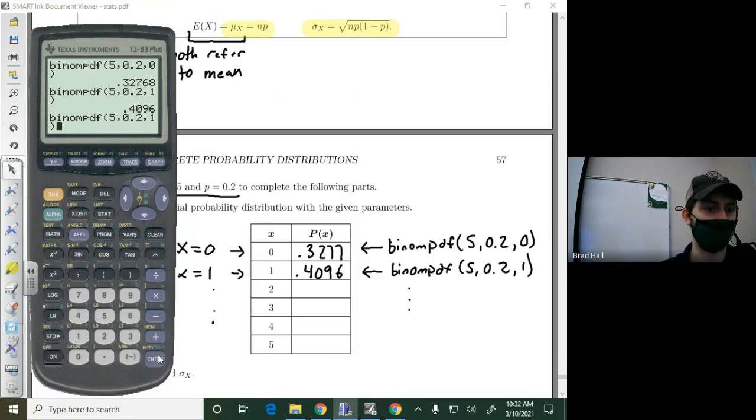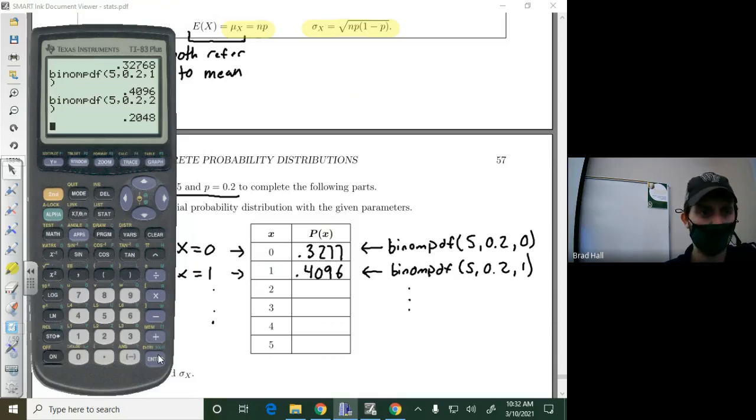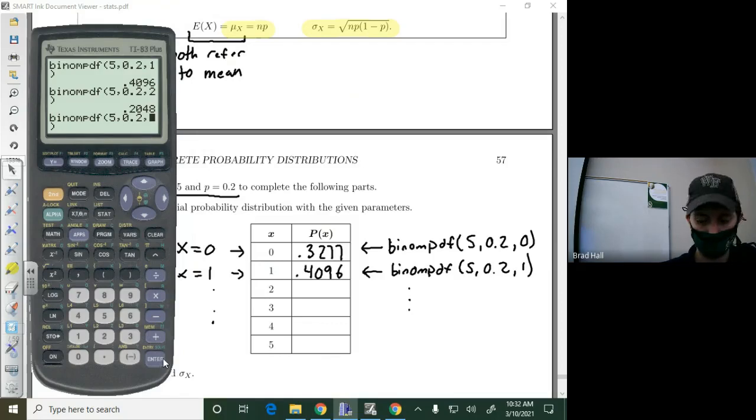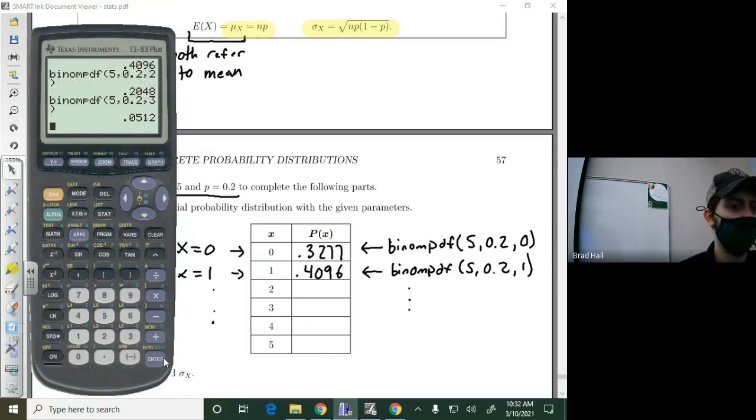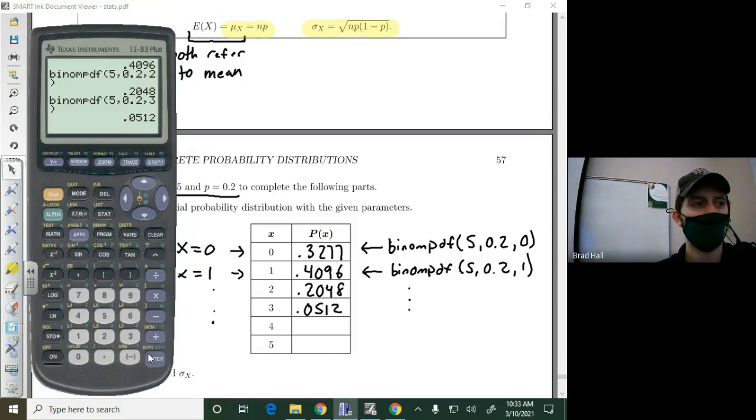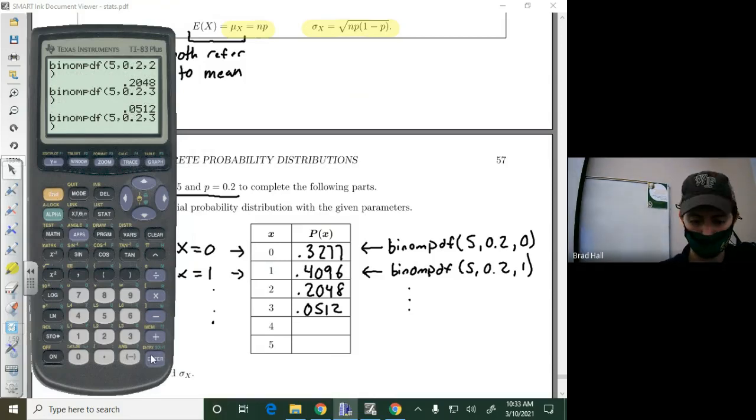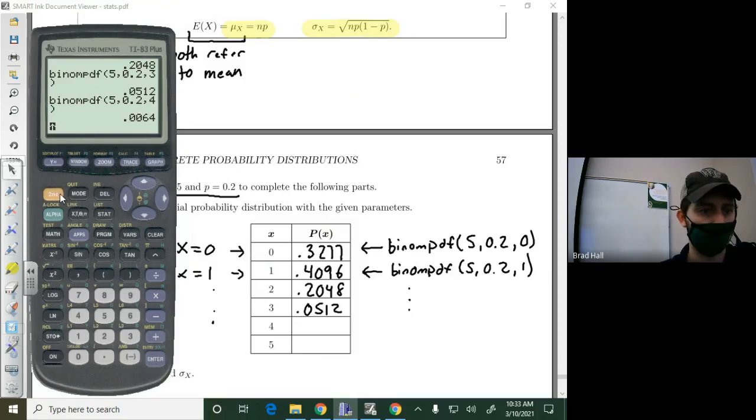So I don't have to type it again. 2. 3. Okay, that's the next 2 then. 0.2048, 0.0512. 4. I'll go ahead and get 5 out of the way.